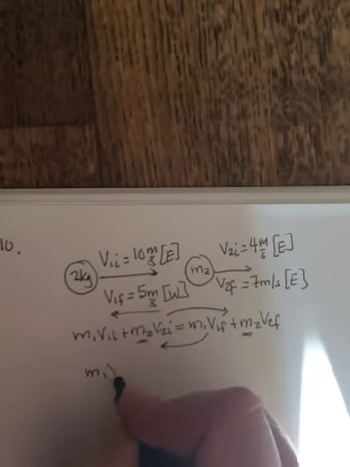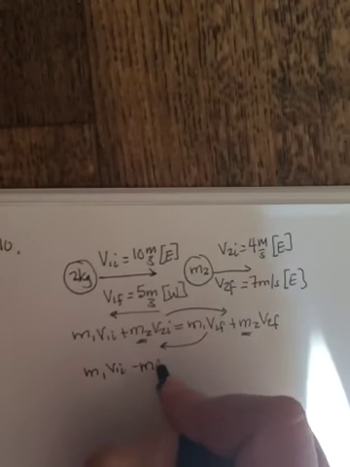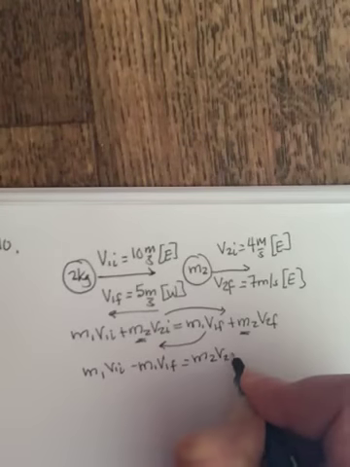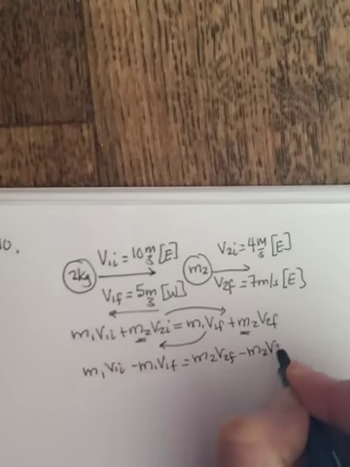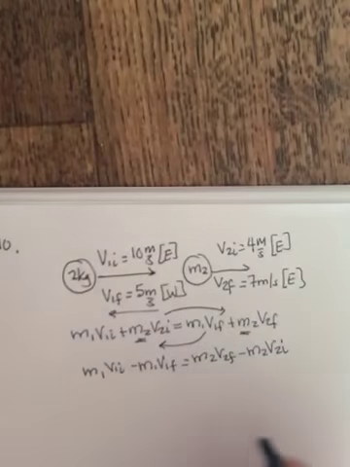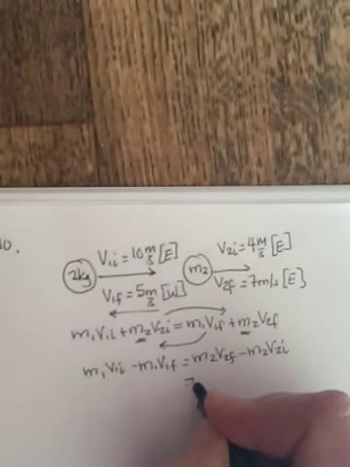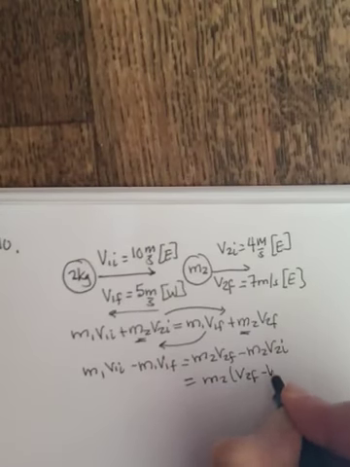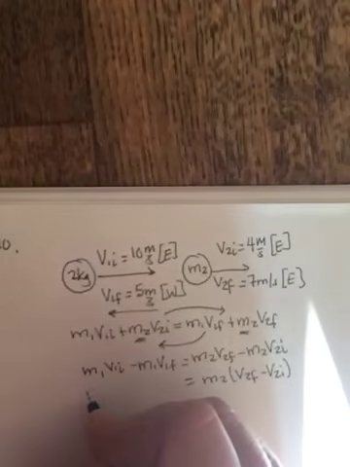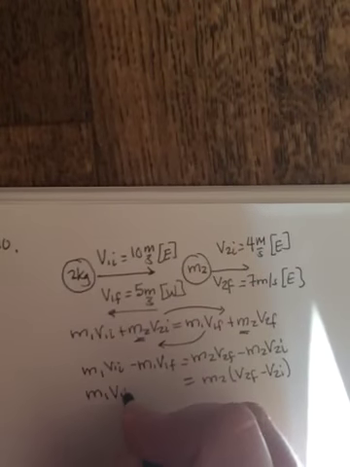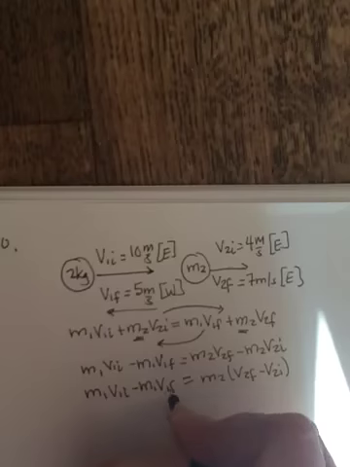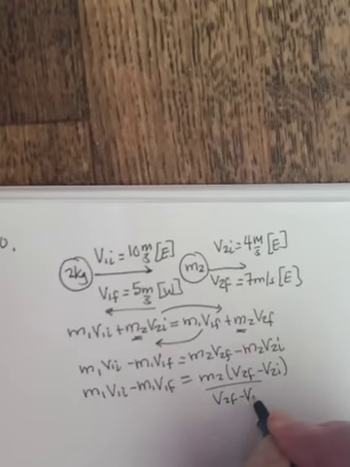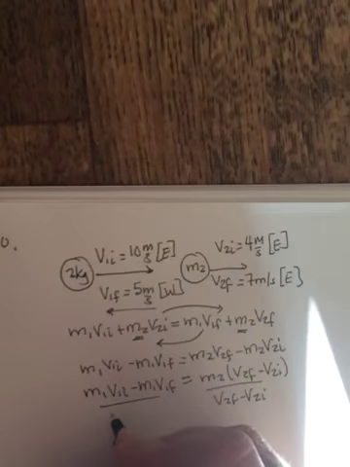So M1V1 initial minus M1V1 final will equal M2V2 final minus M2V2 initial. Just watch your negatives and which term is leading. And now over here you can factor your M2 out: M2 times V2F minus V2I. Then divide by that bracket to get M2 by itself, so divide by V2F minus V2I on both sides.